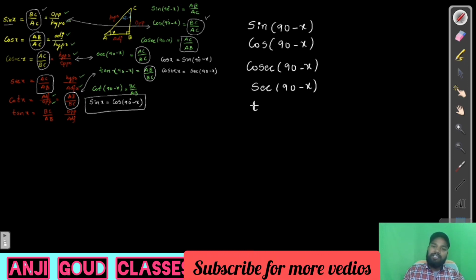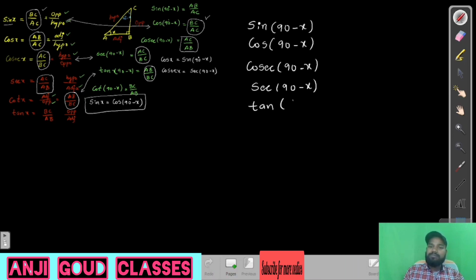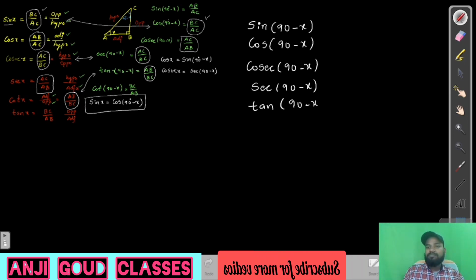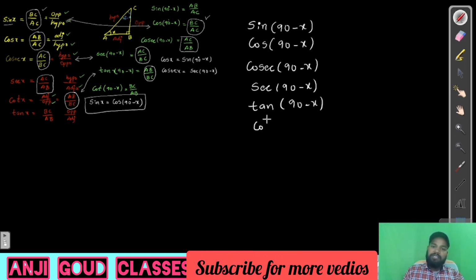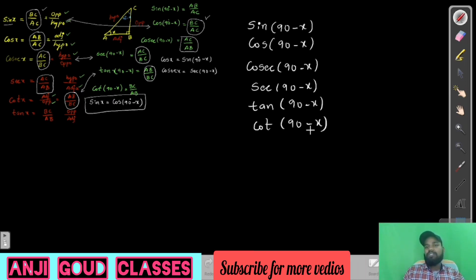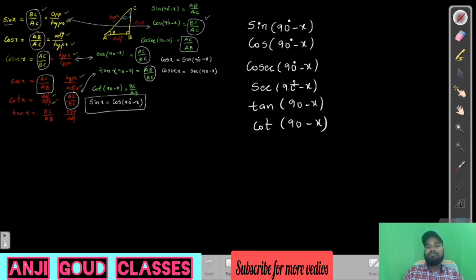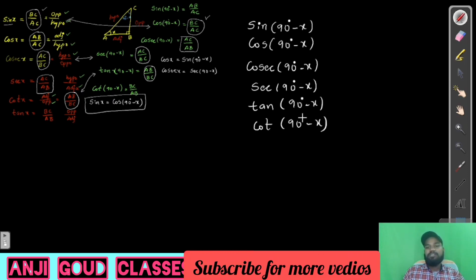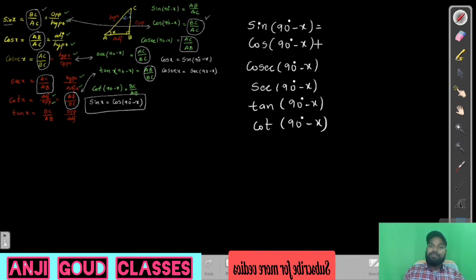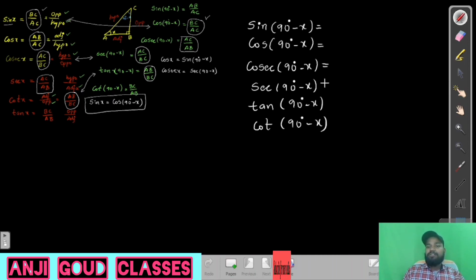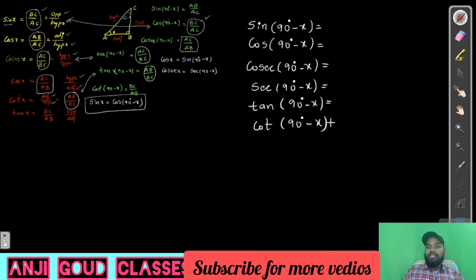Next, tan 90 minus x, cot 90 minus x. Yeah, these are degrees. Okay, fine. So by this explanation, we will clearly write, right?